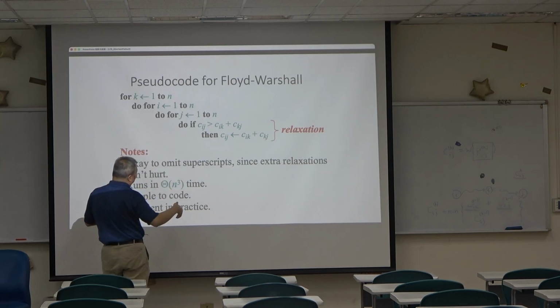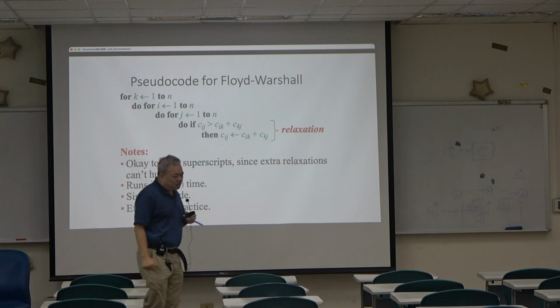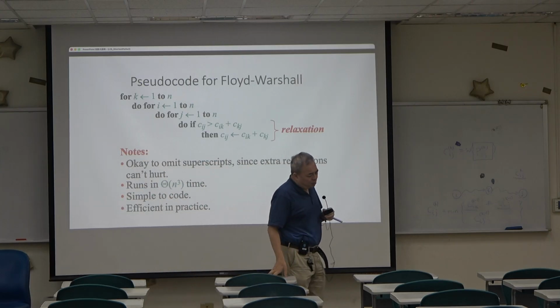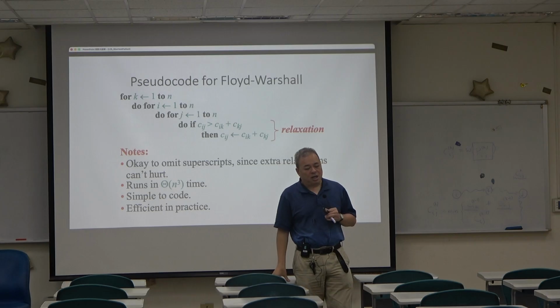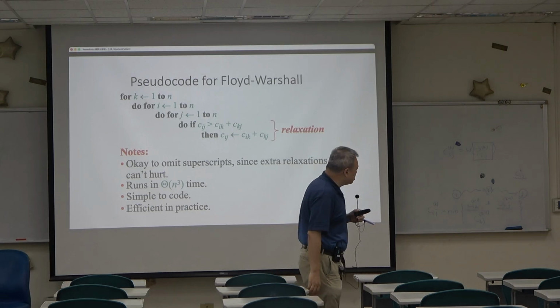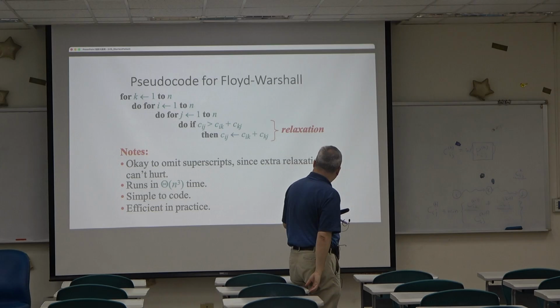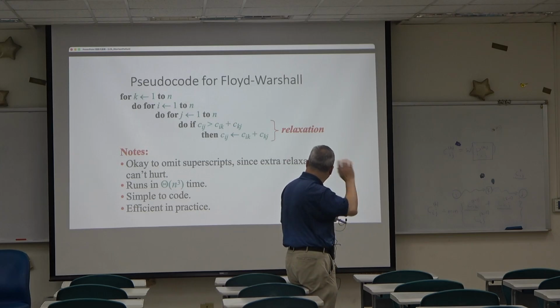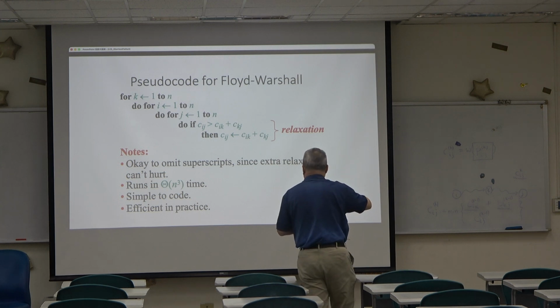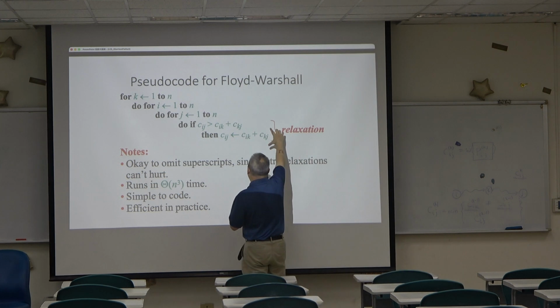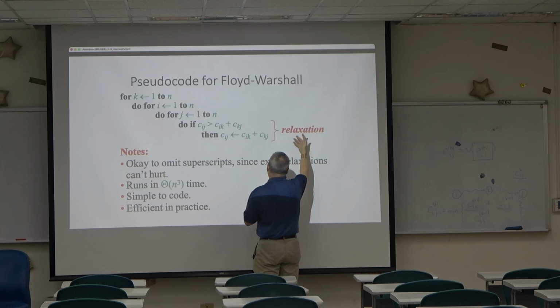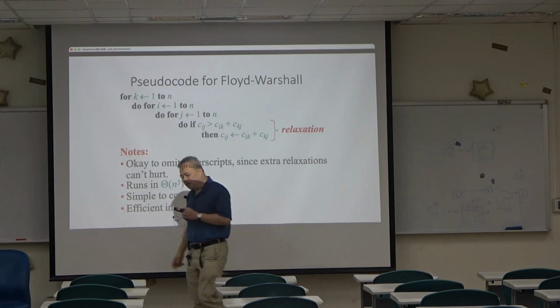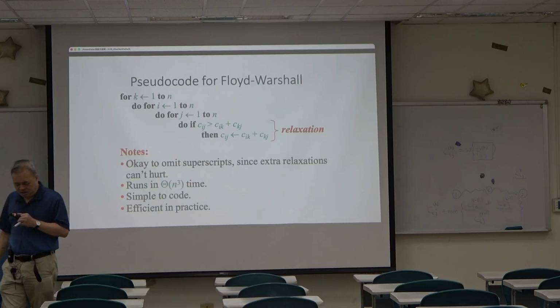So this is a very clean algorithm that does the job. You only have 3 loops, and it allows you to calculate C_i,j,n at the end. And inside here, if you want to discuss a little more, this is the relaxation that we keep talking about in the shortest path discussion.